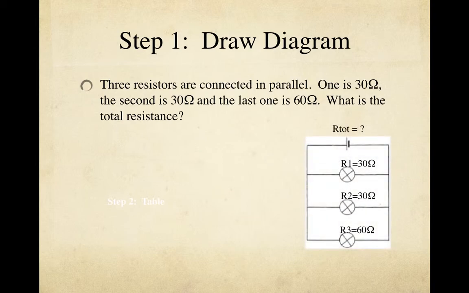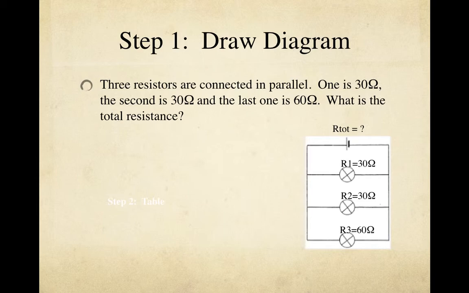Here's the diagram. Notice that it's got the three resistors in parallel, so there's multiple charge paths. Current can go through R1 and back to the battery, or it could go through R2 and go back to the battery, or finally it could go through R3.